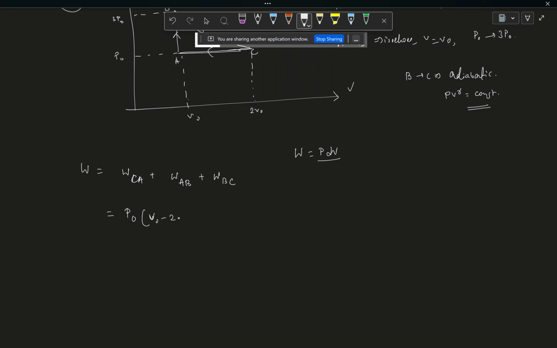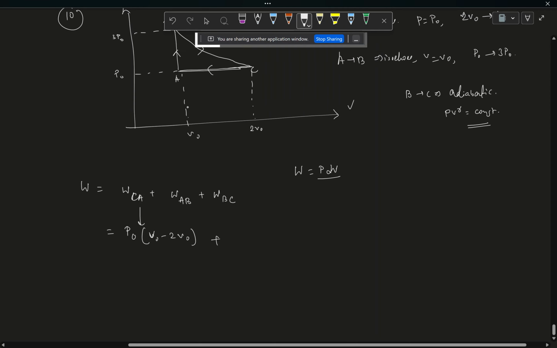The final volume is V0 and the initial volume is 2V0. So this will give rise to a negative work done on the path CA. Plus AB is a path where the volume is constant at V0. So here the pressure is changing but the volume is constant, so PdV is 0, so WAB is 0. For an isochoric process the volume is not changing, so the work done will also be 0, so it has no contribution to work done.